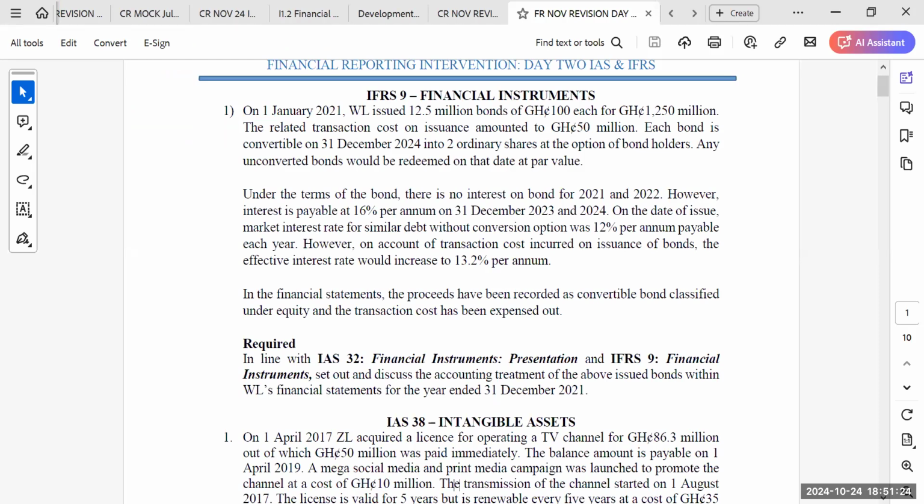On the nominal value, yes, 1250 million. On 1250 million. Okay, how much are you getting?